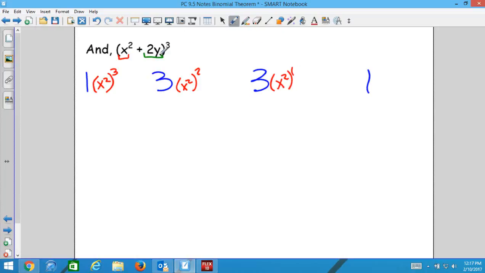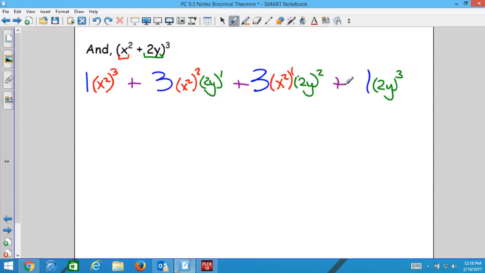And we're going to do 2y. 2y to the first, 2y to the second, 2y to the third. Then we're going to simplify our terms.